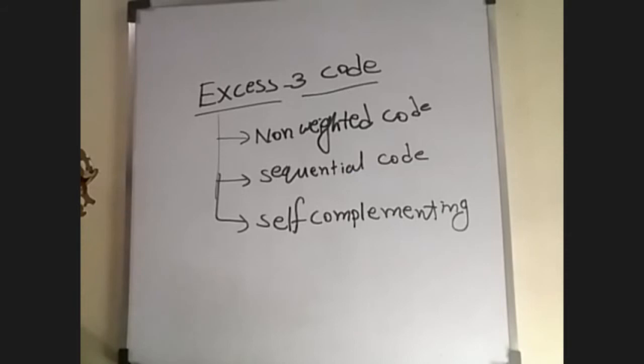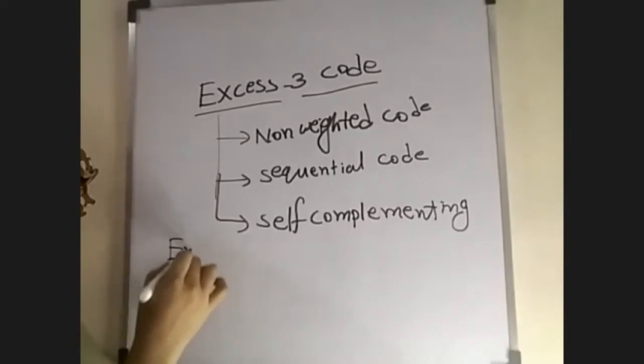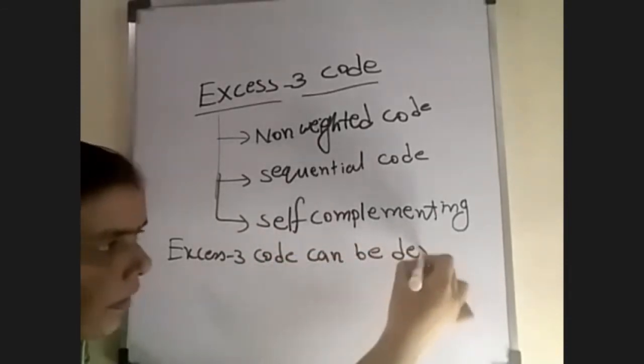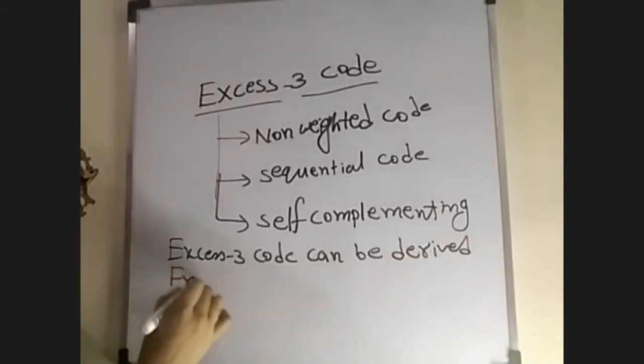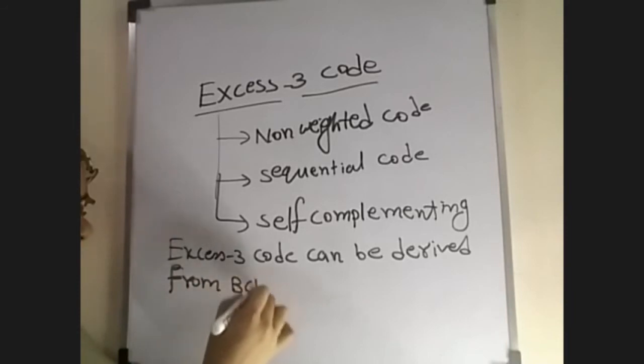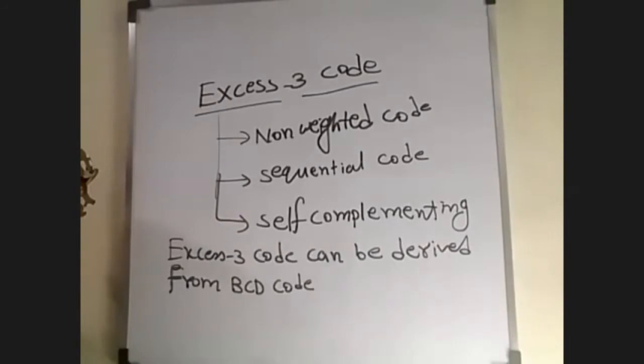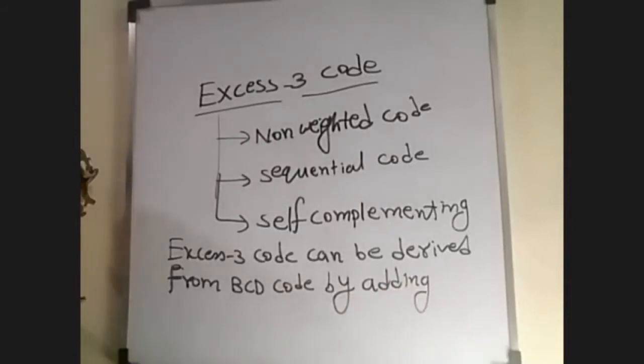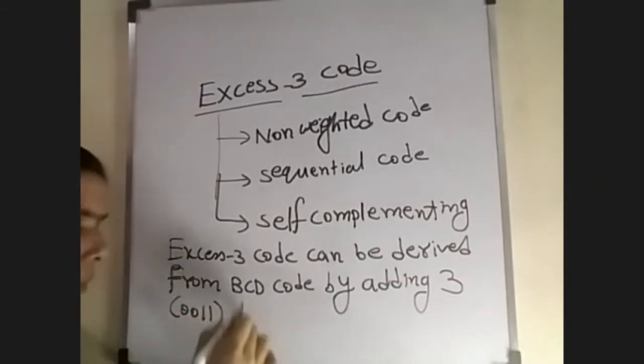The XS3 code can be derived from the BCD code by adding 3, that means 0011, to each coded number.